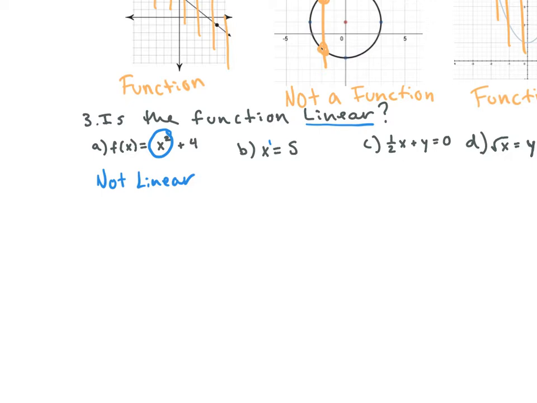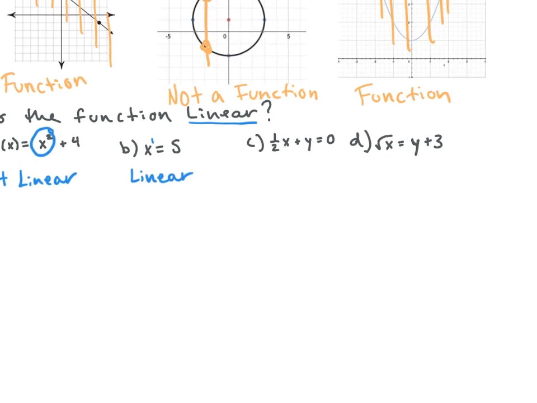Nothing else is happening that's super special, so this is linear. For C, all of our variables have an exponent of 1, so this is linear. And D, this square root is x raised to the 1/2 power, so this is not linear.